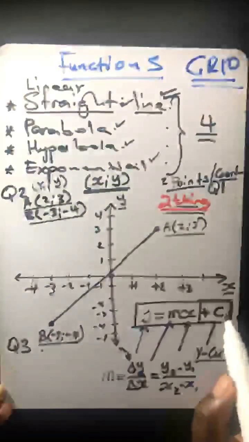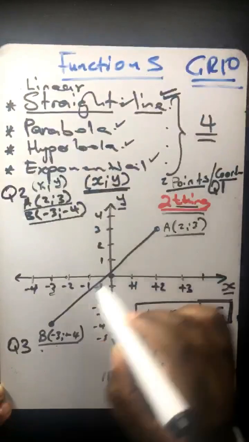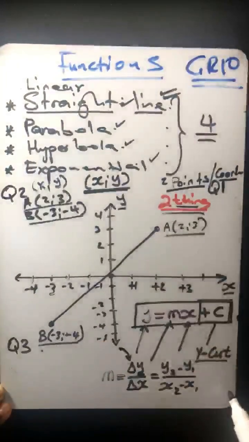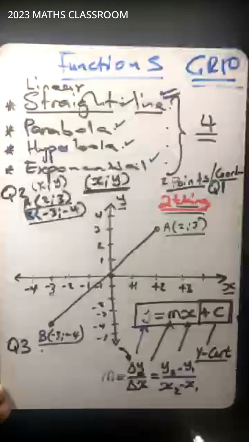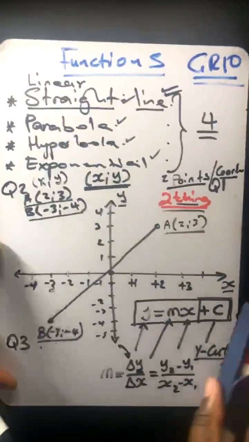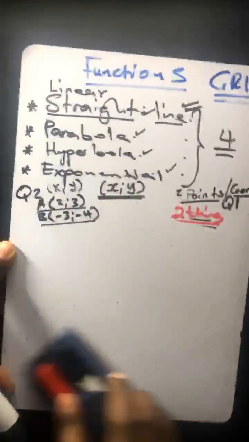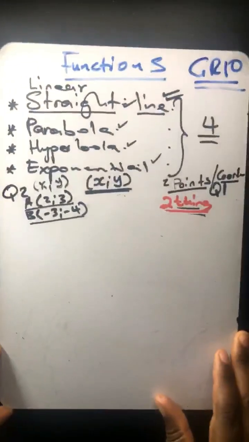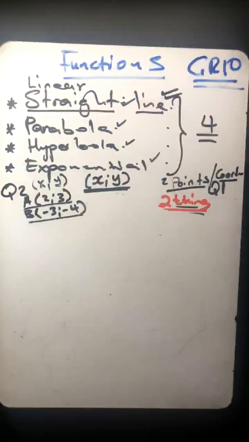Again, for you to determine the equation of a straight line, you need 2 things, just like you needed 2 things to plot that straight line. So maybe let's quickly think of a different scenario where we are given information and we need to determine an equation of a straight line.